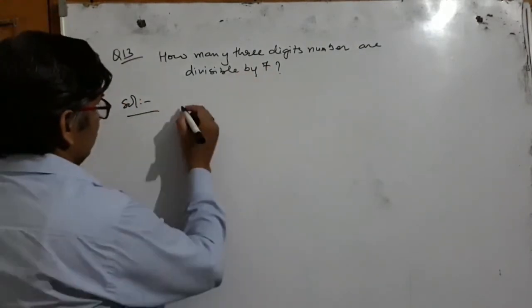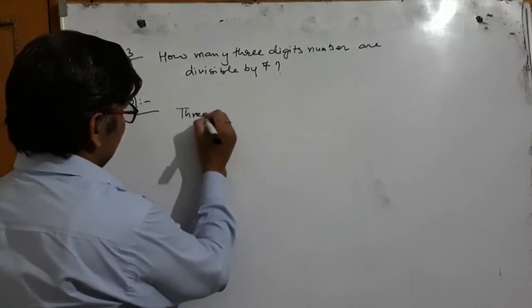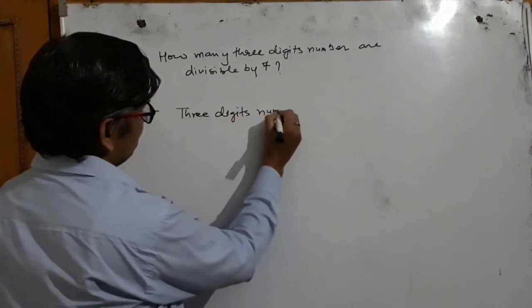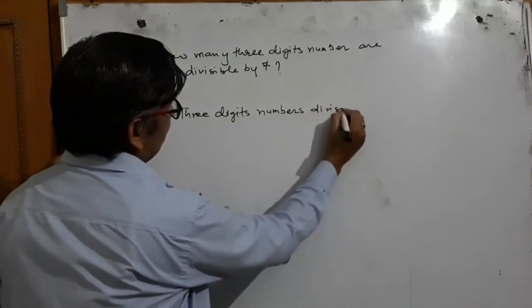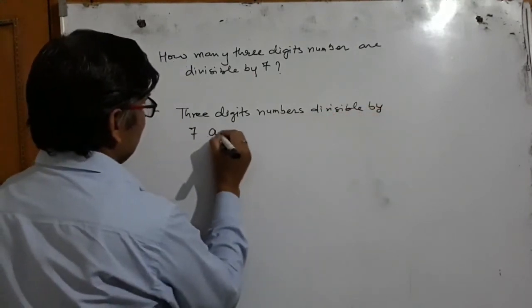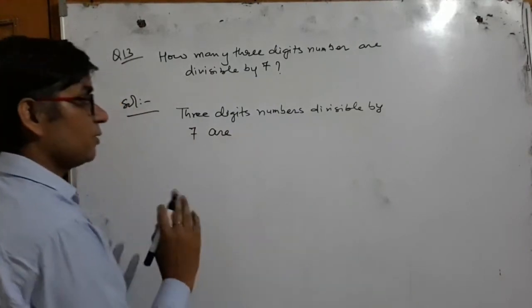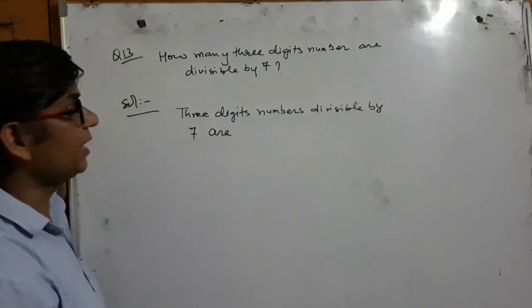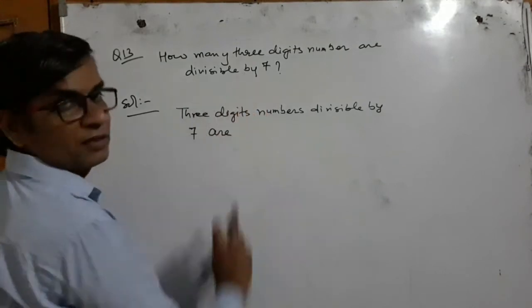ओके, तो 3 डिजिट्स numbers divisible by 7 are. So first number, the smallest number is 100 and greatest number is 999 of the 3 digits.